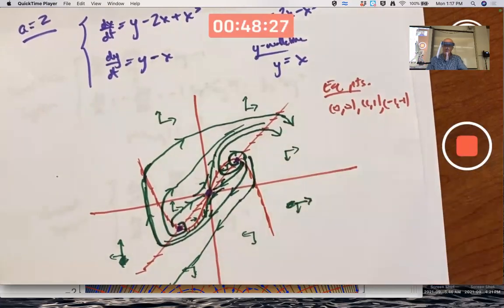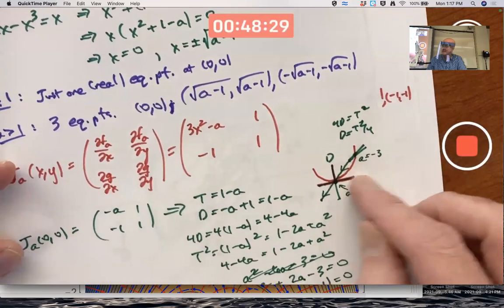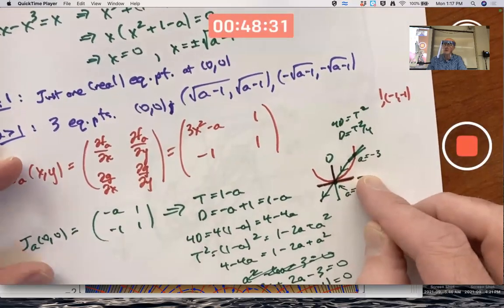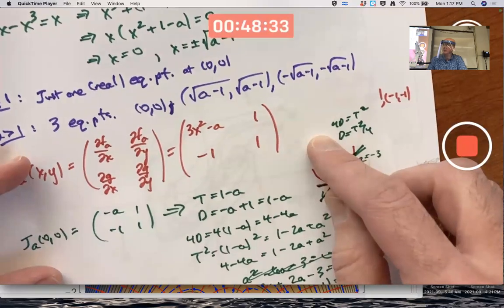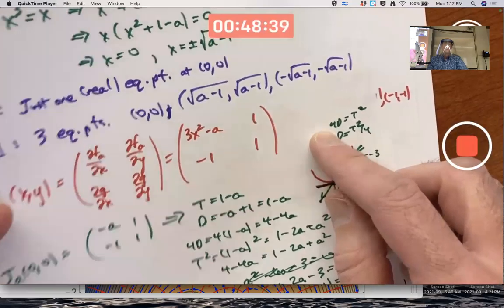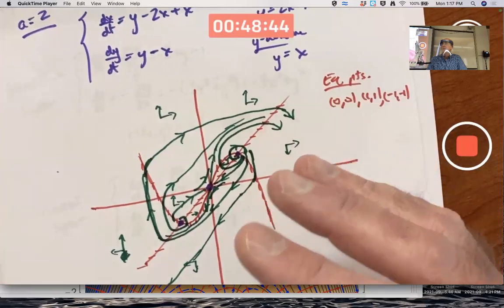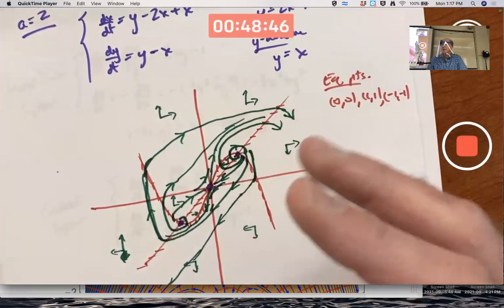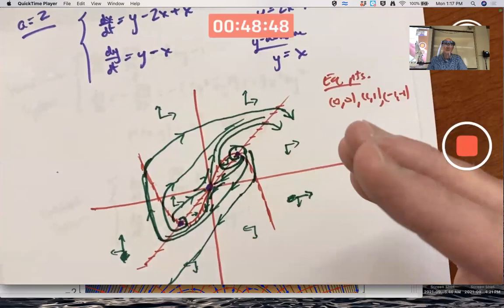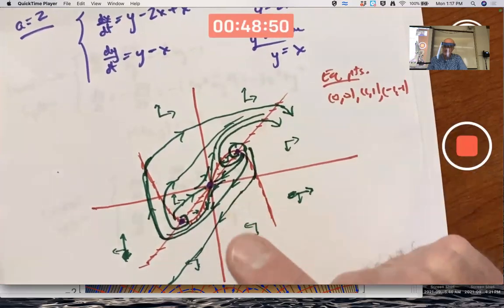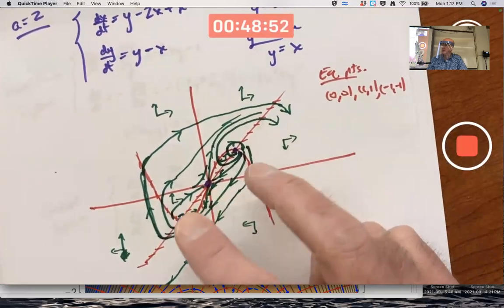Meaning in the trace-determinant plane, you're not on the t-axis where d is 0, and you're also not on the positive d-axis where you have purely imaginary eigenvalues. That's the definition of a hyperbolic equilibrium point. Why is that important? It's hyperbolic equilibrium points that you can apply linearization to, where linearization is valid. And you can say, for example, the origin is a saddle point and these two are spiral sources.